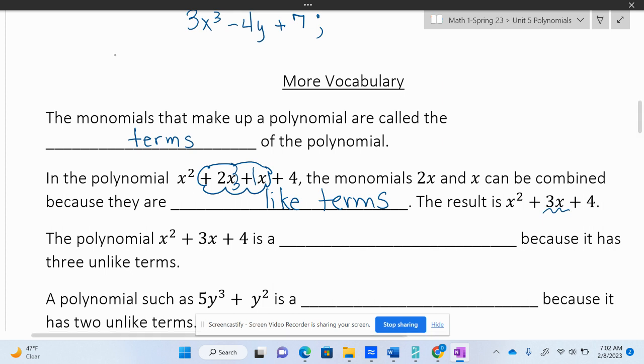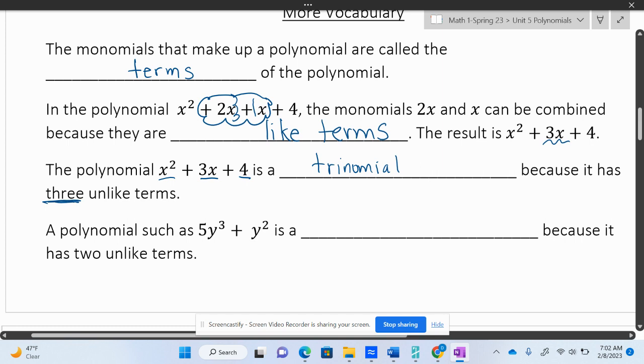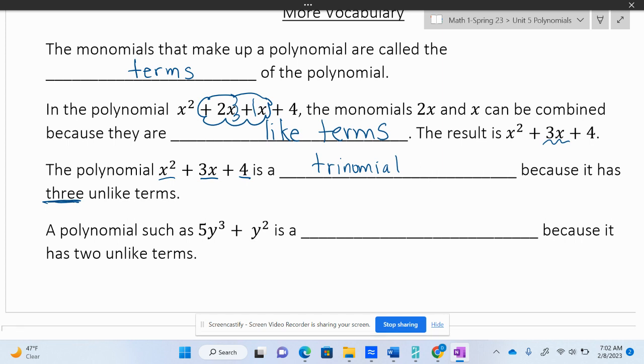So the polynomial x squared plus 3x plus 4 is called a trinomial. This is a trinomial because it has 1, 2, 3 unlike terms, 3 terms that cannot be joined together. It's a trinomial. A polynomial such as 5y cubed plus y squared is called a binomial because it has 2 unlike terms.